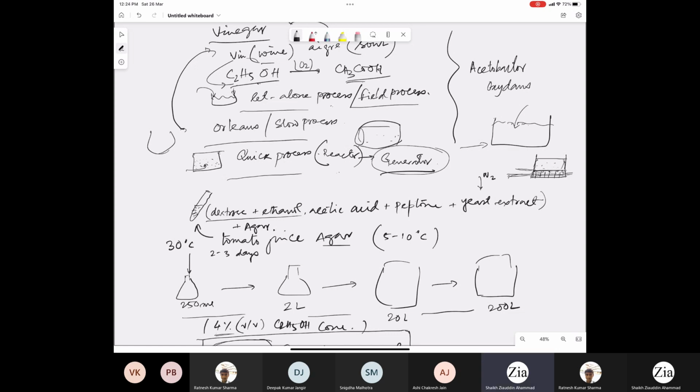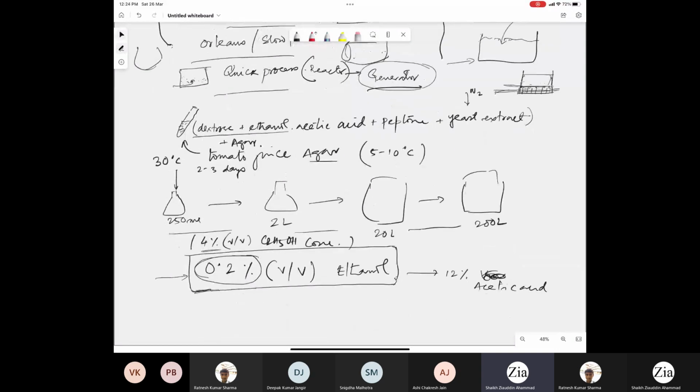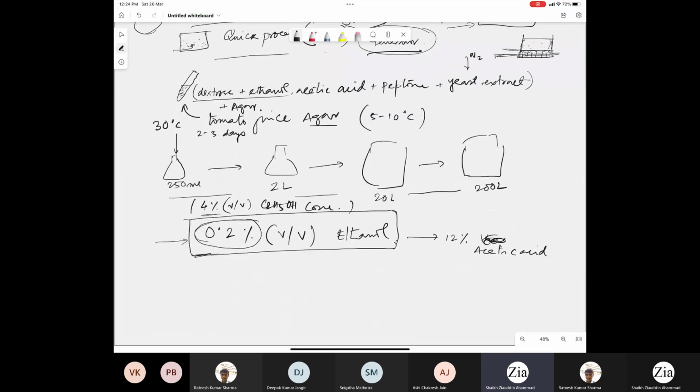And this generator can have two different configurations because in an earlier class I mentioned if you need to increase the conversion rate, then, because everywhere we say rX equals mu into X, the growth rate is already defined because you are just providing a certain amount of substrate. You are not having any variation.